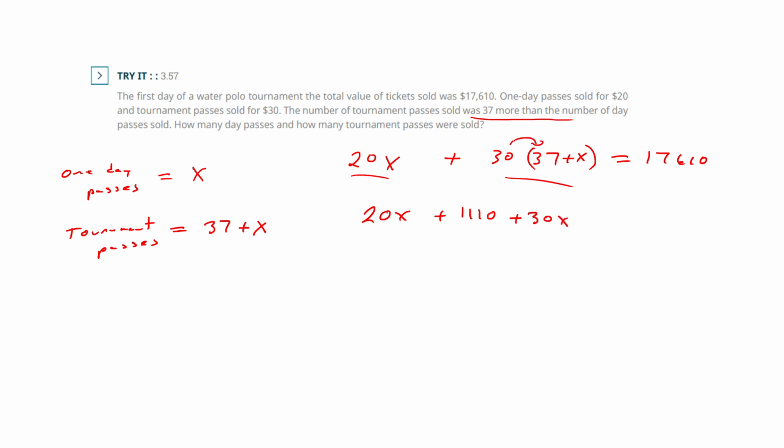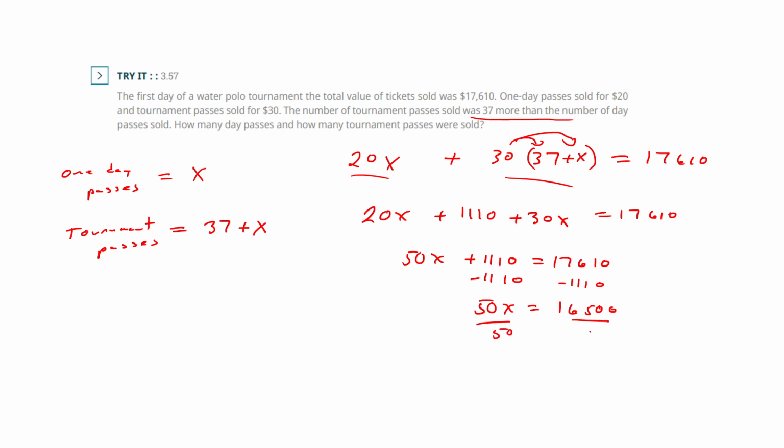Okay, distributing. Okay, combining like terms, the x's go together. So I get 50x, so I've got 16,500.